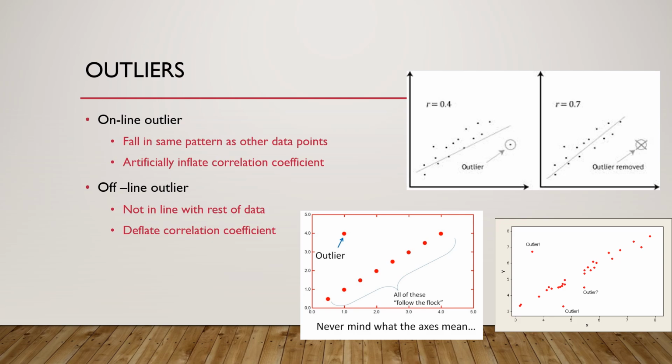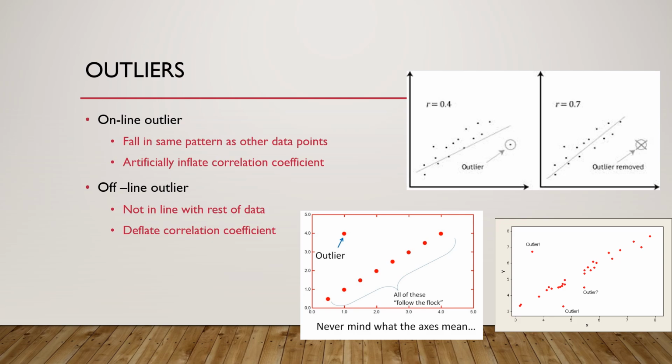A reminder from lecture that the online outliers are anything that is in the same pattern as the data that's on that best fit line, but is so far out that it's going to artificially inflate any correlation coefficient that you are calculating. The offline outlier, however, is something that doesn't match the general trend of the data, and that's going to deflate or lower the correlation coefficient.